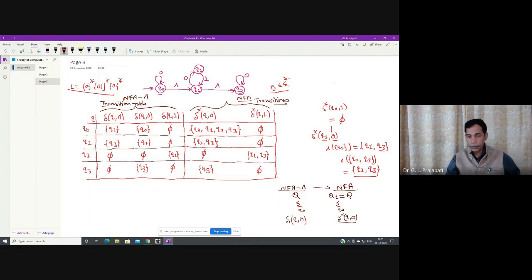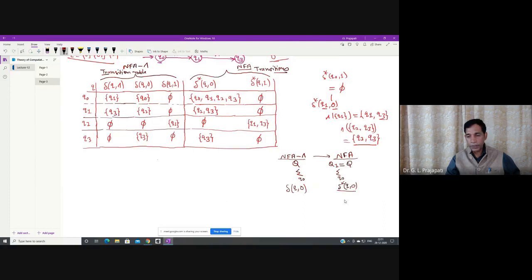Now finally you need to decide the accepting state. In case of the NFA null, we have assumed that A is the accepting state, and here if you assume A1 as the accepting state, which one will be the final state?